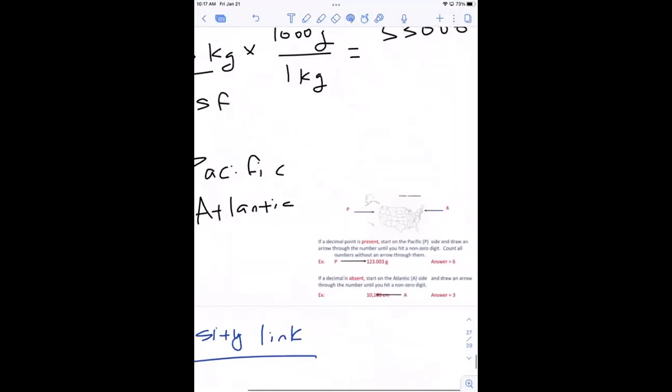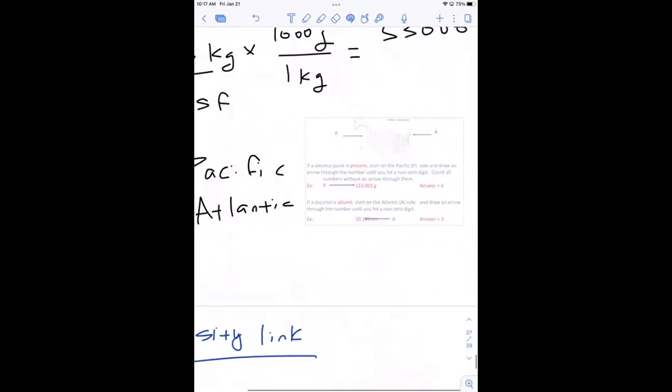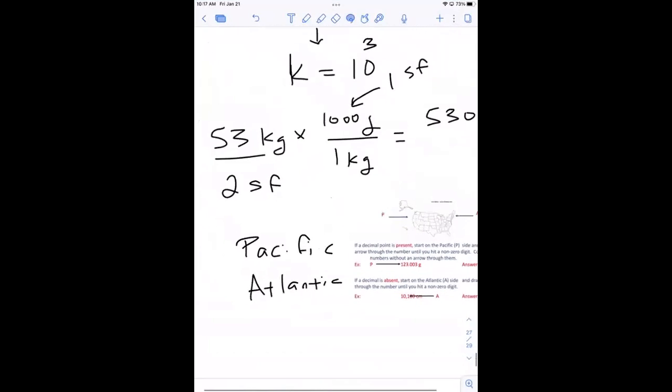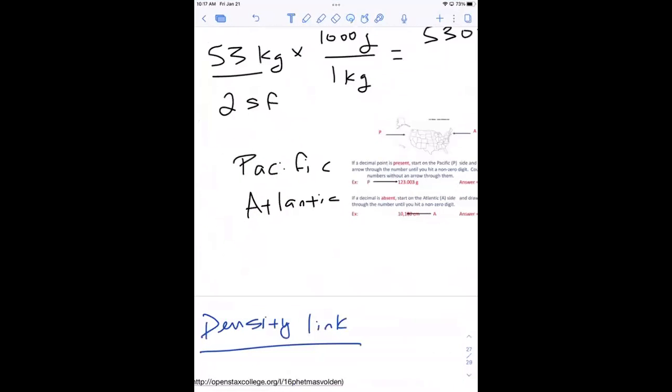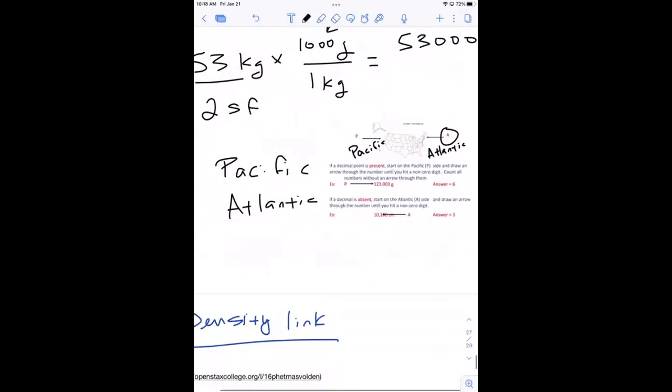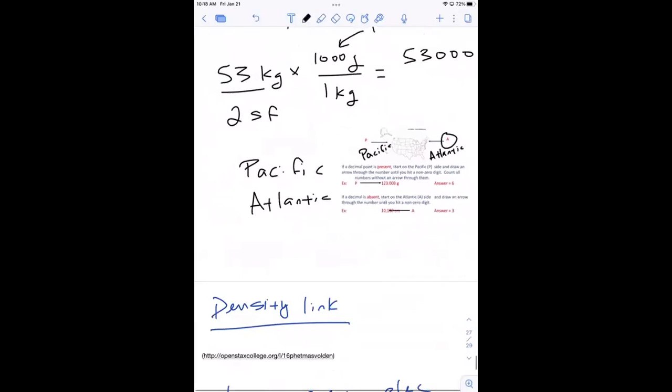So when you're doing significant figures, if you have a number without a decimal, you use what's called the Atlantic method. So for that 1,000, you can see here, this is the Atlantic Ocean, and this is the Pacific Ocean. With the Atlantic method, if there's no decimal and a number like 1,000, we go through every zero until we get to the first non-zero digit.